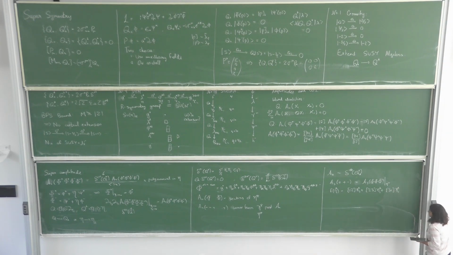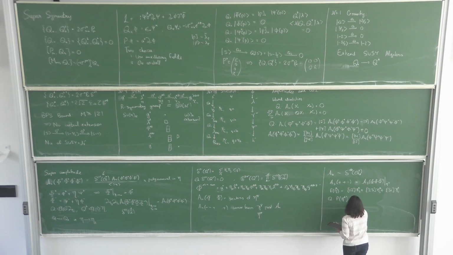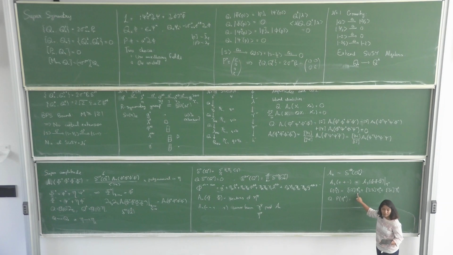So this polynomial is special because Q acting on it vanishes, and it's quite easy to see. So what does Q do? Q actually just takes away one of these etas and replaces it with a square bracket. So you get 1 2 3 plus cyclic, which is 0 because of the Schouten identity.